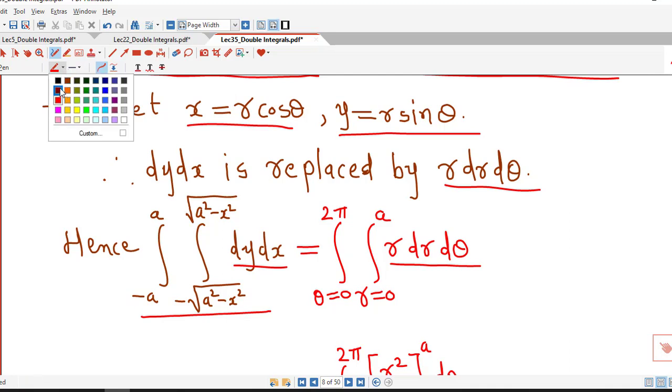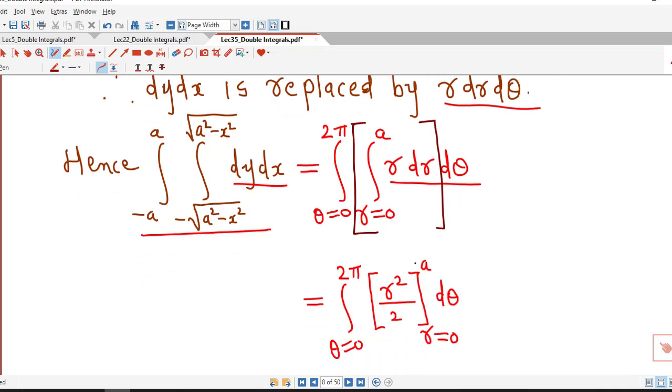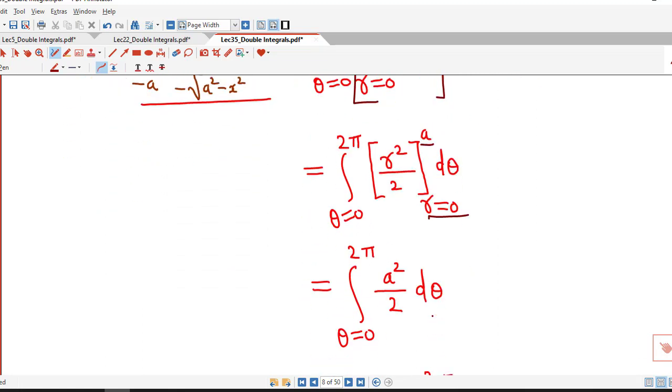So first we integrate with respect to r. So we consider this inner integral. Here we will consider theta as constant. Integral of r with respect to r is r square by 2. Limits of r are from 0 to a. So for the upper limit we obtain a square by 2, for the lower limit it is 0. So we have a square by 2 d theta.